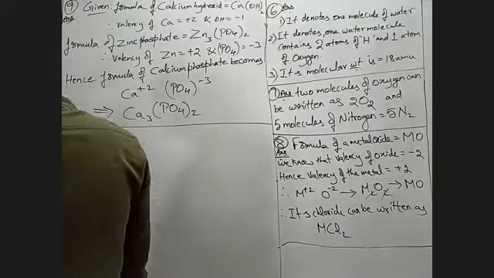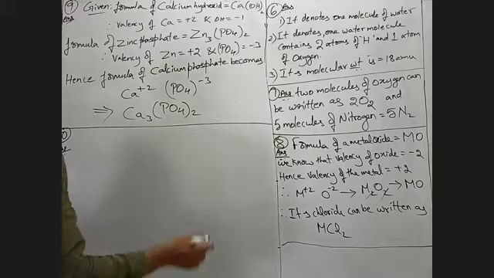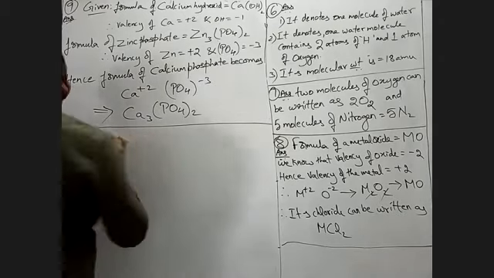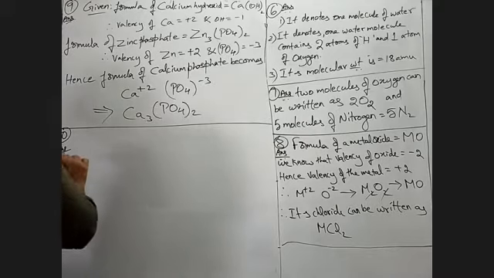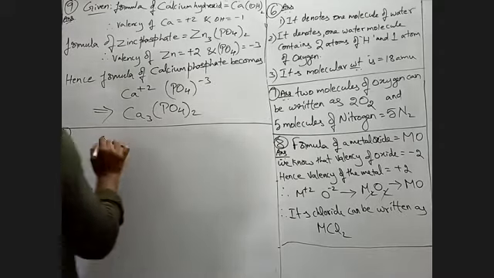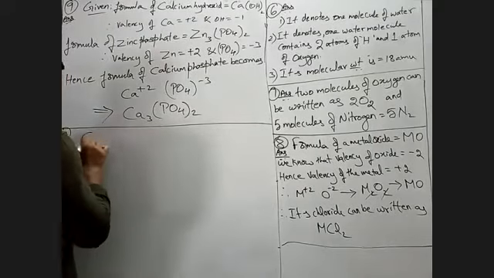Then 10th one. So 10th one, what is the question? Let us see. Find out the chemical names and formula for the following common household substances. Okay, common salt. Chemical name and formula.